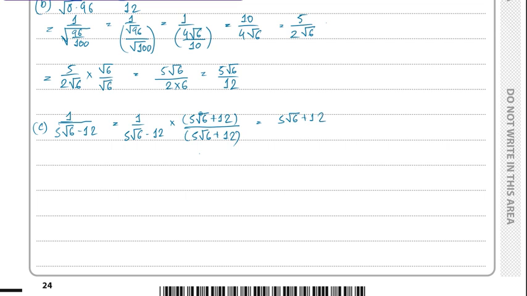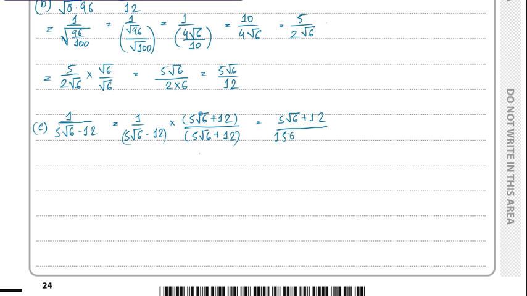If you do it separately, 5 root 6 multiplied by 5 root 6 would come out to be 150.